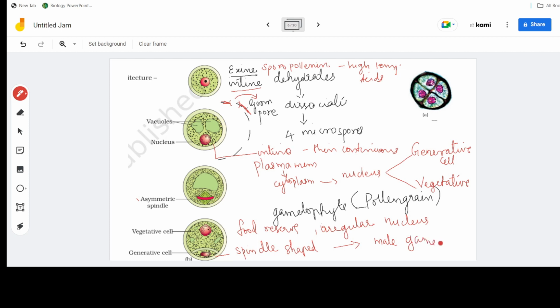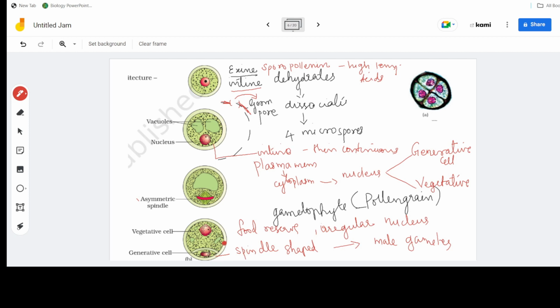In most of the angiosperms, it is mentioned that almost 60% of the angiosperms release the pollen grain at this two-cell stage, with one vegetative cell, a two-nucleated stage. That is, a nucleus of a vegetative cell and a nucleus of a generative cell.